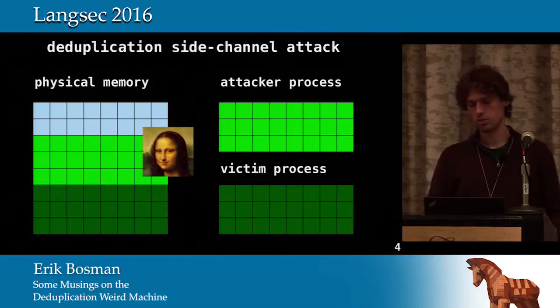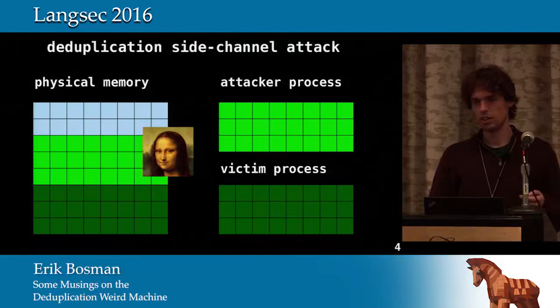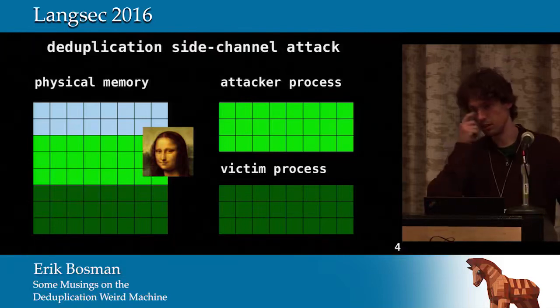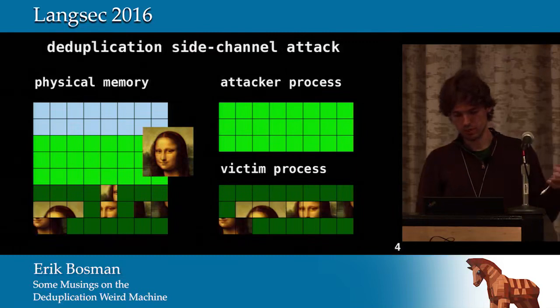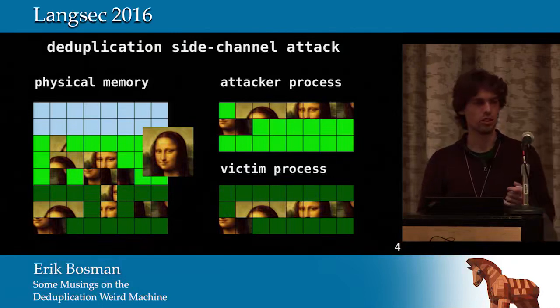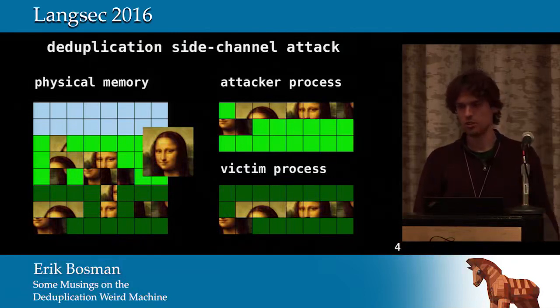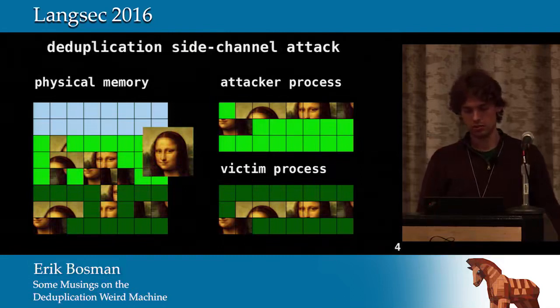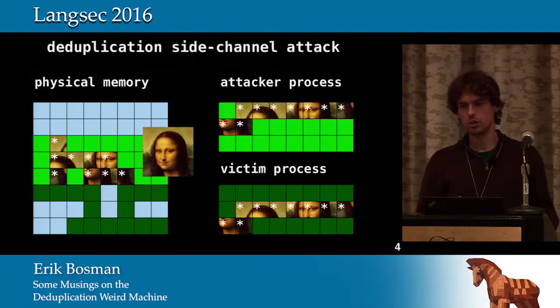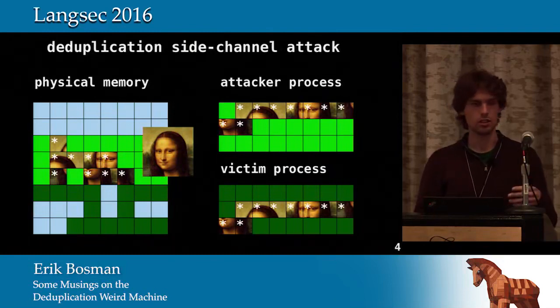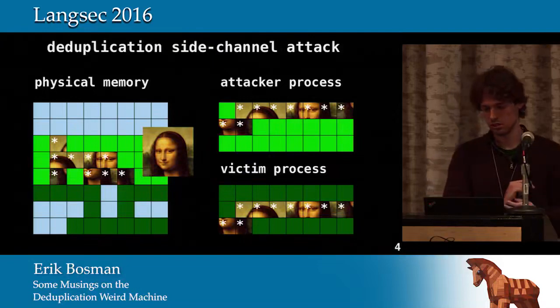In short, if an attacker wants to verify that a victim process or a virtual machine or anything has a certain specific picture of the Mona Lisa in its memory, then an attacker can replicate the memory pages, and then the memory deduplication mechanism in the OS or the hypervisor will identify that these pages are the same, and then will point the page tables to the same physical location.